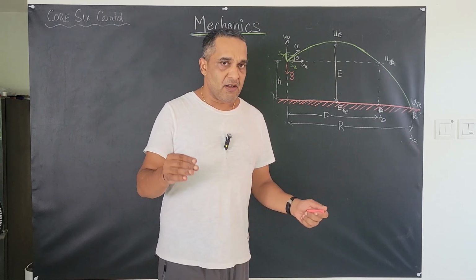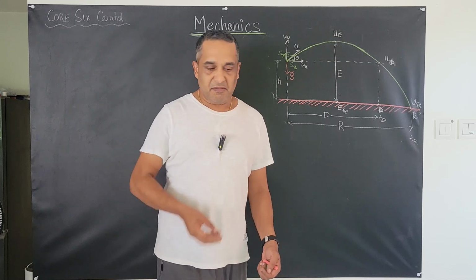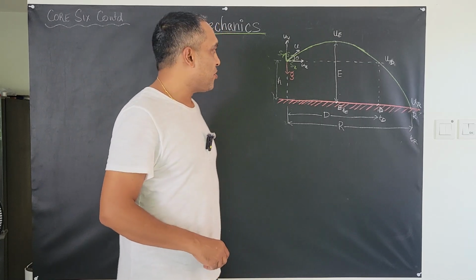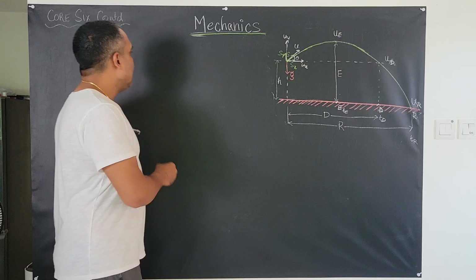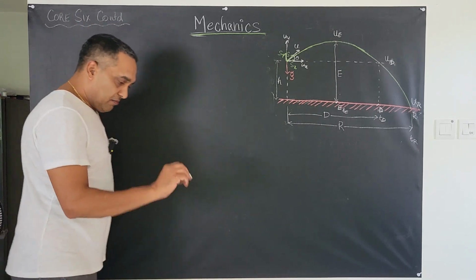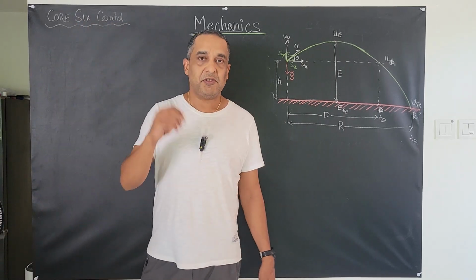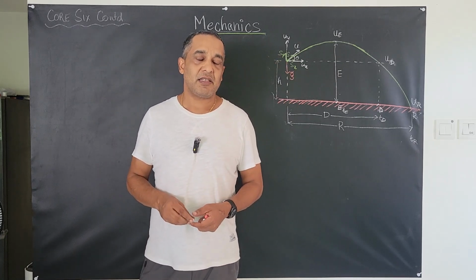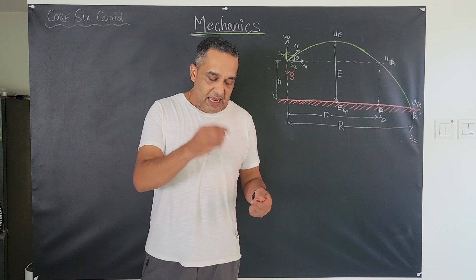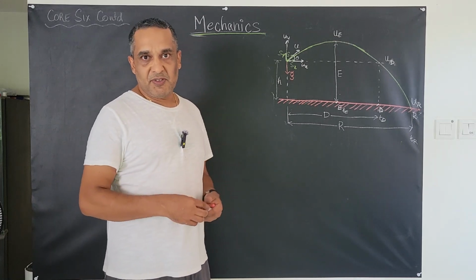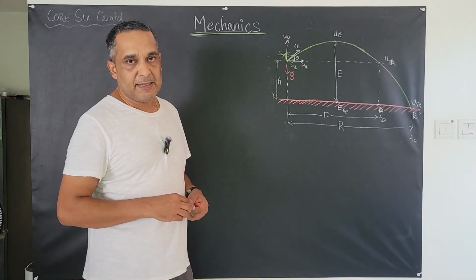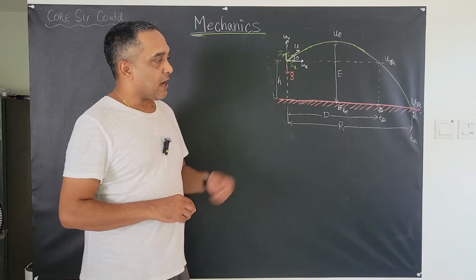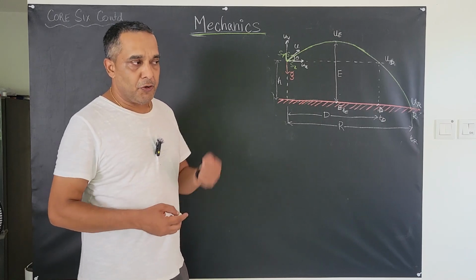Set context. We've done regular vertical motion up and down. You know it very well. If something goes up, you can write S is equal to ut plus half a t squared, and the final velocity is 0 and acceleration is negative g. So you can come up with those values to calculate distance. Likewise, if it's a free fall, u is 0.